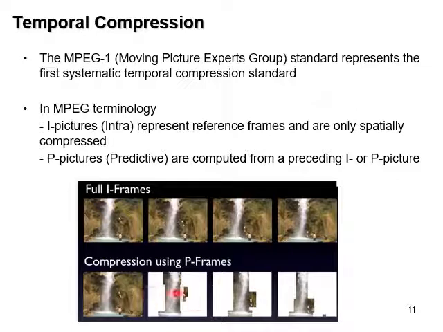So this is the idea. These frames are called P frames, predictive frames, P pictures: frames or pictures that can be predicted from an intra frame, a reference frame that was stored in full. By only storing these pixels, and the white ones are not stored, you are saving a lot in that case.